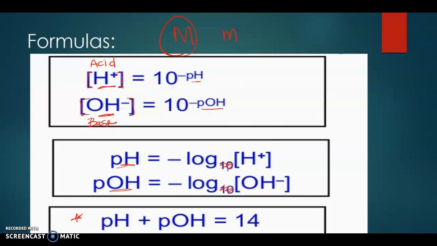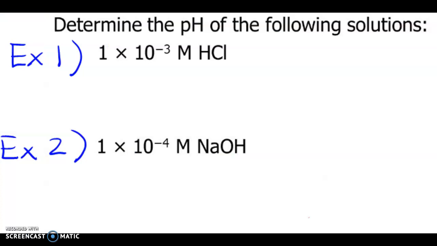Taking these formulas, we're going to do an example so you can see what the process looks like. The first example says: determine the pH value of the following solutions. In example 1, we have 1 times 10 to the negative 3rd capital M, which is molarity, of HCl.